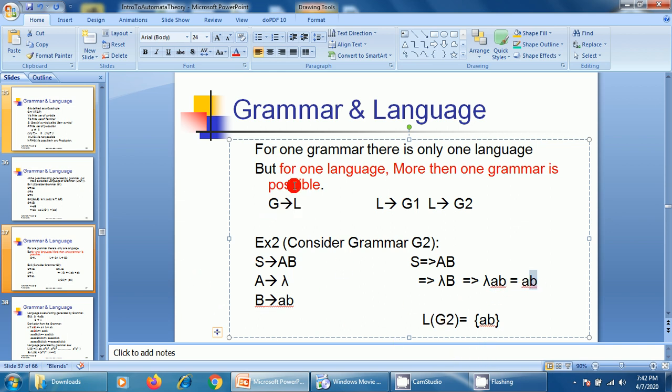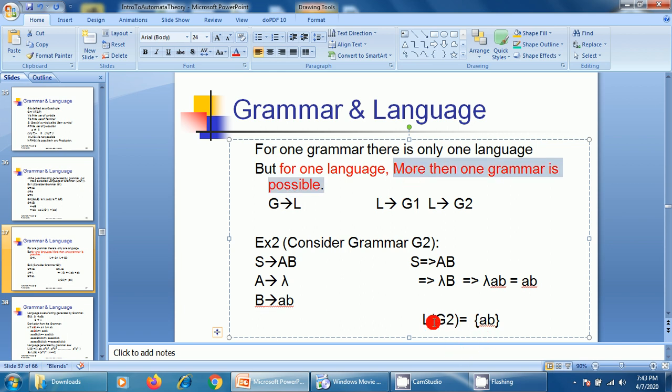So we can say that for one language more than one grammar is possible, but for one grammar there is only one language. For one grammar there is always only one language, but for one language more than one grammar is possible.